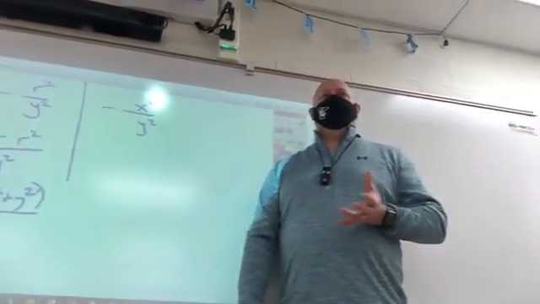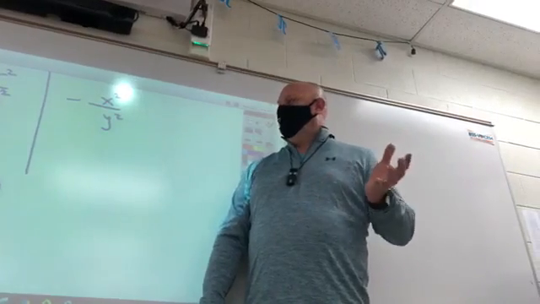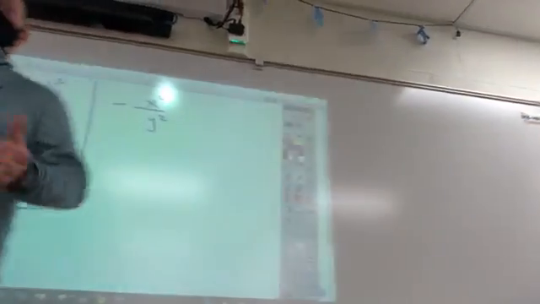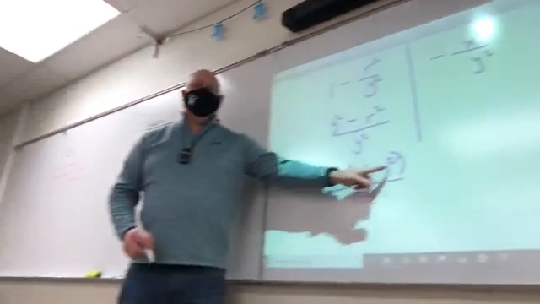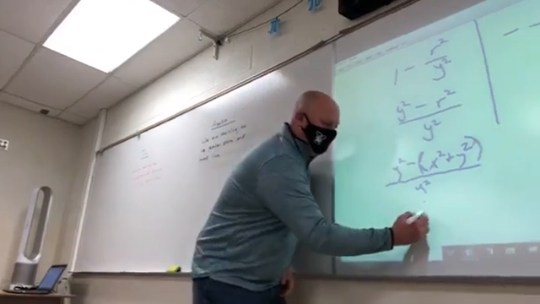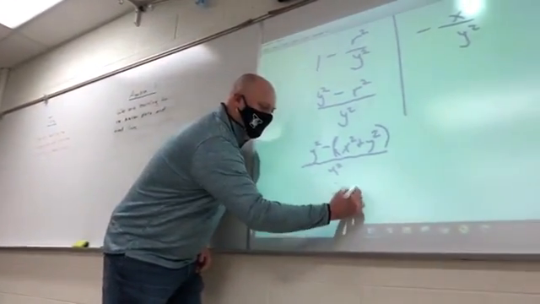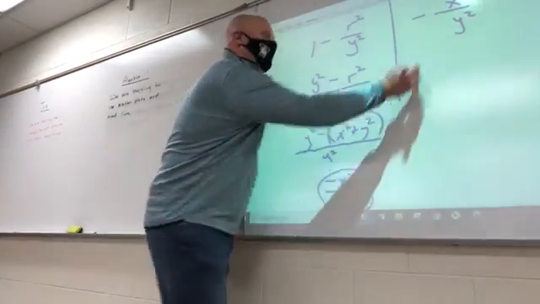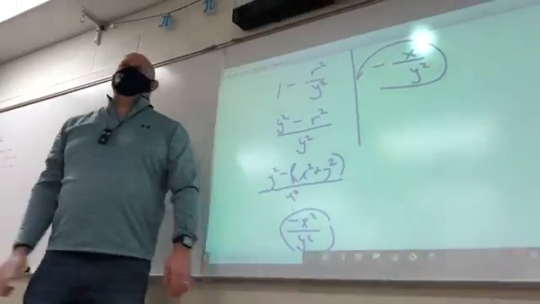Does that make sense? Well, combine like terms. What do I have? What happens to my y squareds? My y squareds now cancel out, and all I have left is negative x squared over y squared. And yep, they match. You don't have to circle them as long as they match.